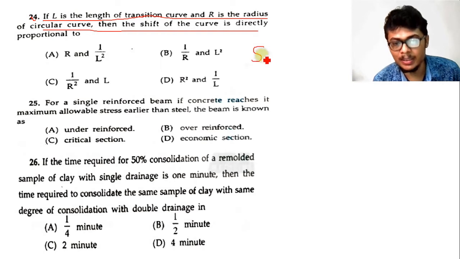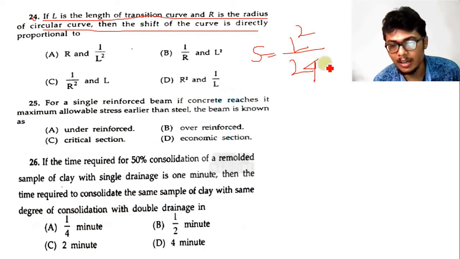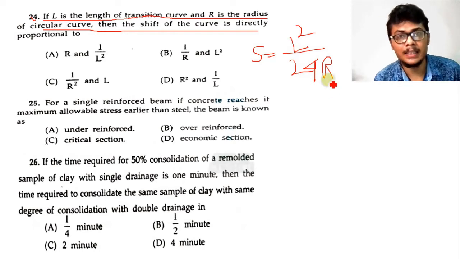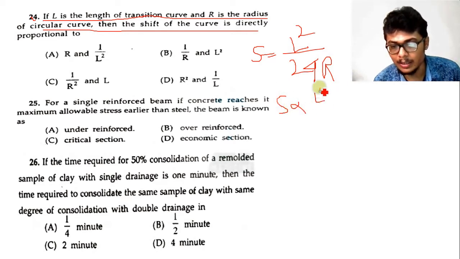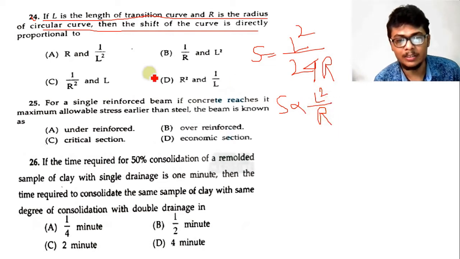The shift of the transition curve equals L square by 24 R, where L is the length of the transition curve and R is the radius of the circular curve. So S is directly proportional to L square and inversely proportional to R. Therefore the correct answer will be B.